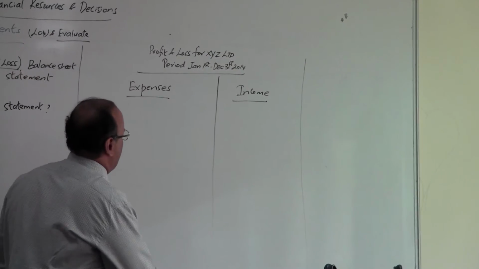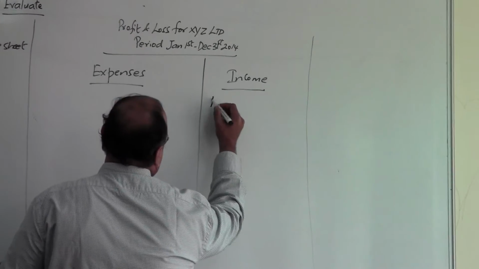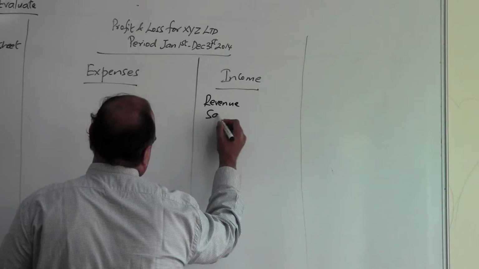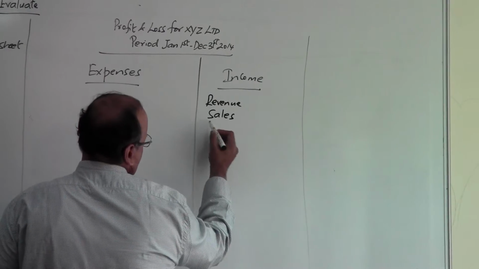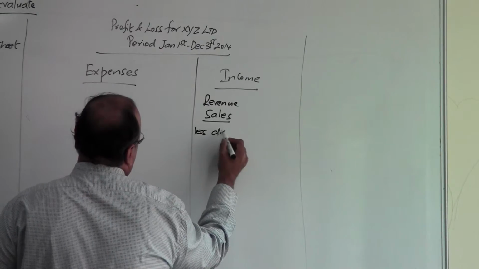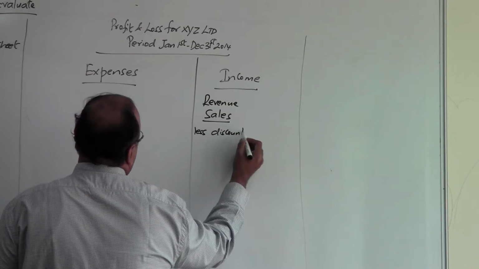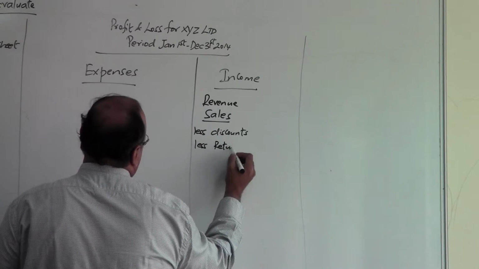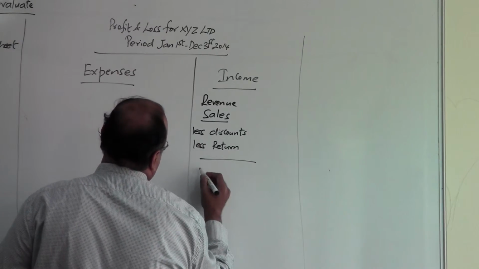Okay. So when you say income, we call it revenue or you can call it sales. Suppose we call it sales, you will say less discounts given. You may have items like less returns. All this will give you net sales.